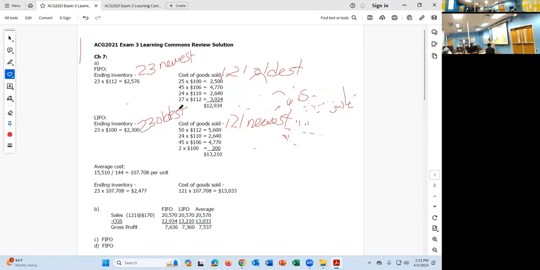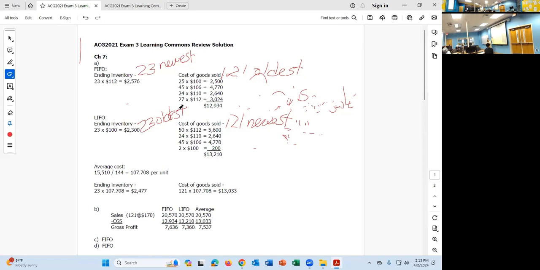So we start with the newest inventory layer and move up through those. But again, no matter what method, the total units in cost of goods sold has to add up to 121. The total units in ending inventory have to add up to 23. It's just a difference in which items we assume went where.